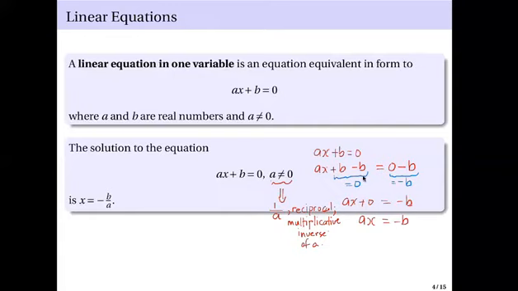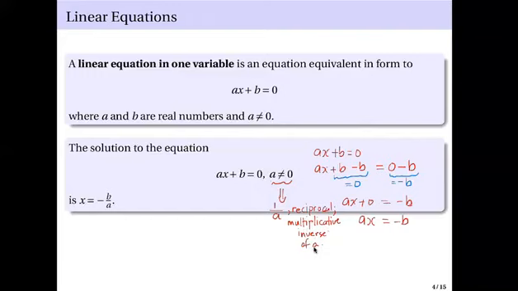Now, I did not mention this: negative b is actually called the additive inverse of b. But anyway, we have 1 over a as the reciprocal or as the multiplicative inverse of a.